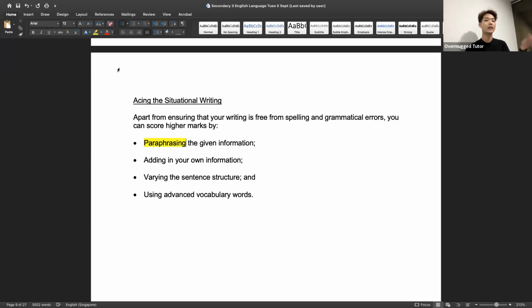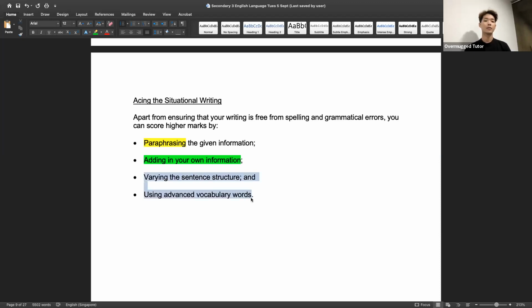The highest level is when you paraphrase it, and not just that, you also add in your own information. What do I mean by adding in your own information? When they say, when you attend this cooking class, you will learn to cook very nice dishes, you must elaborate. What are these dishes? Is it chicken rice, chicken pie, or I don't know, laksa, whatever? Add in your own information.